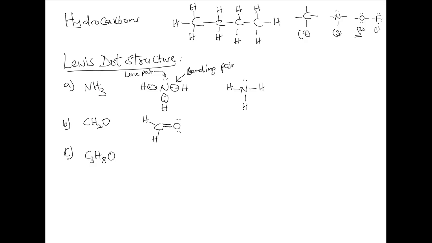The first one is we could have carbon bonded to carbon, bonded to carbon, bonded to oxygen. 1, 2, 3, 4, 5, 6, 7, and 8. So we include the hydrogen atoms, and now we have the Lewis dot structure.